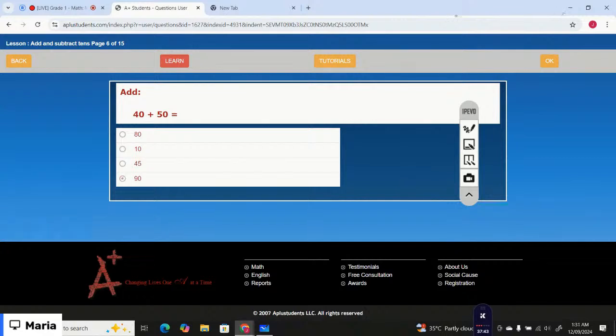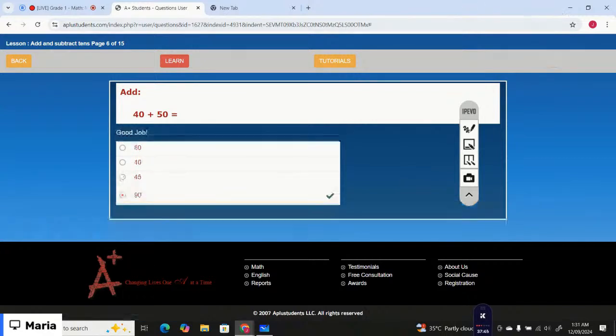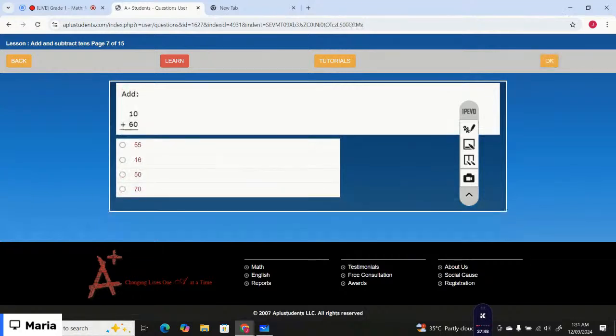You simply have to add them. So the correct option is 90. The next one is 60 plus 10. So which is the correct option? 10 plus 60, which is the correct option? Yes, 70 it is. The last option is the correct one.